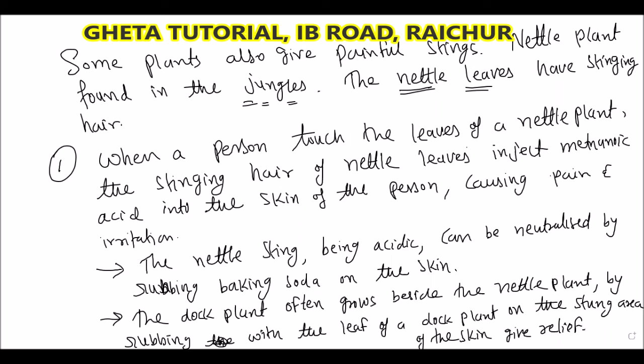Otherwise, beside the nettle plant, there is one more plant that grows, called the dock plant. When you rub the dock plant leaves on the stung area, you will also get relief. So in two ways you can get relief: by applying baking soda, or by applying the leaf of the dock plant. So this is what we can say is self-defense by animals and plants through chemical warfare.